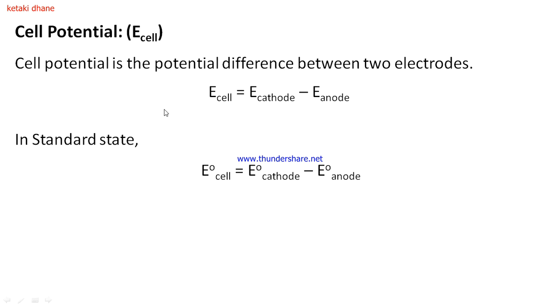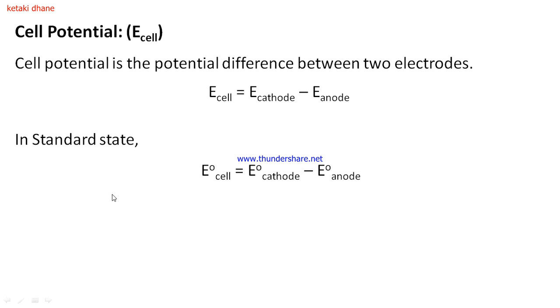Now if we are going to measure the cell potential, the potential difference of the cell, it is the difference between the potential generated at the cathode and the potential generated at the anode. So the potential at the cathode minus the potential at the anode is the potential of the cell.